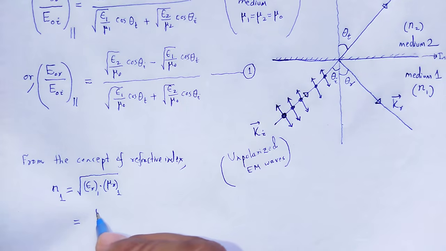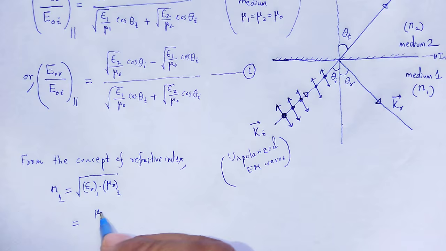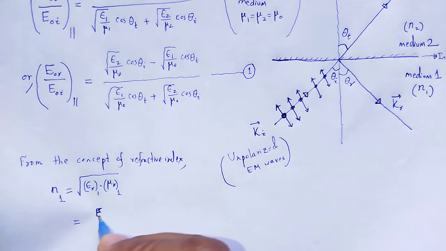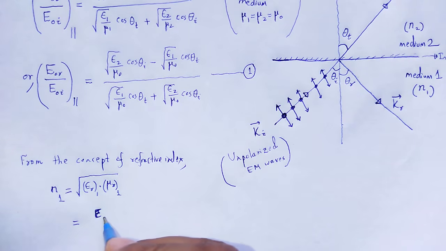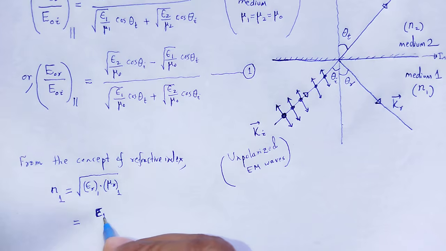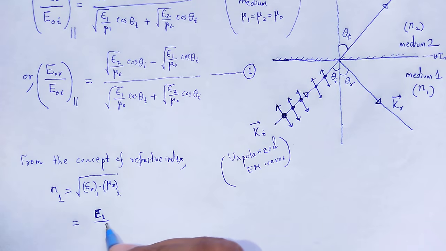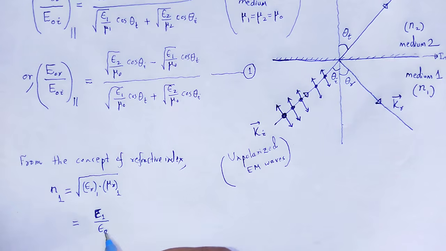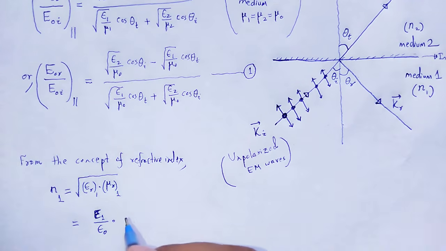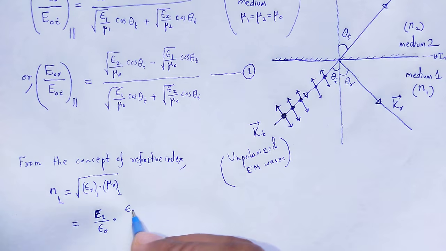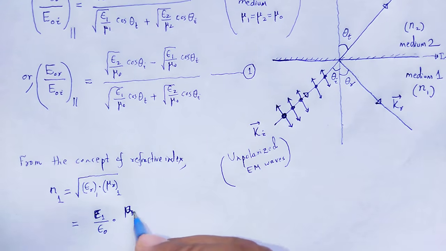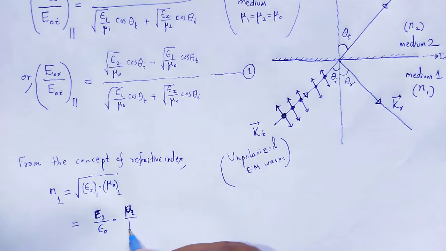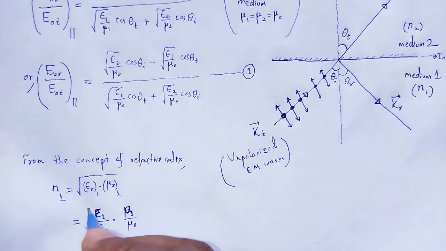That is the permittivity of medium 1 to the permittivity of free space, epsilon naught. Again, the permeability of medium 1 to the permeability of free space, under root.